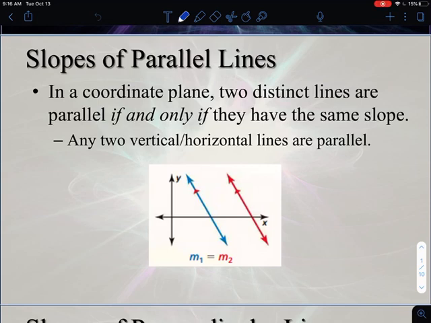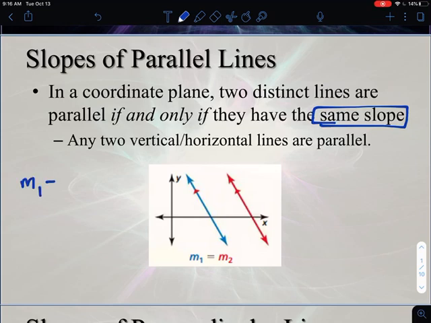So we said in geometry, parallel lines are any that go the same exact direction. Anytime two lines are going exactly the same direction, they're never going to intersect, they're parallel. Now, algebraically, if I have two parallel lines, it means that they have exactly the same slope as each other. So whatever the slope of one line is, the slope of the parallel line will be exactly the same.